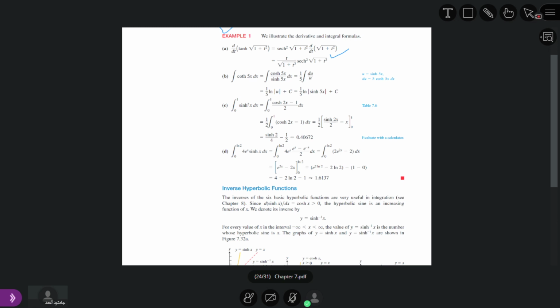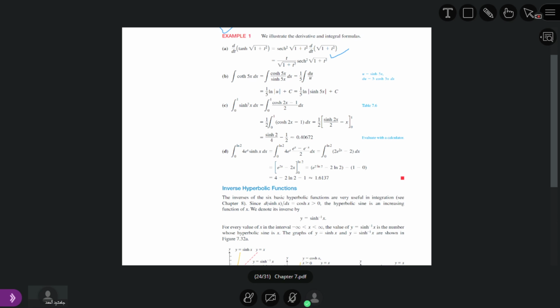So cotangent hyperbolic is equal to cosine hyperbolic 5x divided by sine hyperbolic 5x. We solve it by the substitution method. What is the substitution method? We put u equal to sine hyperbolic 5x.